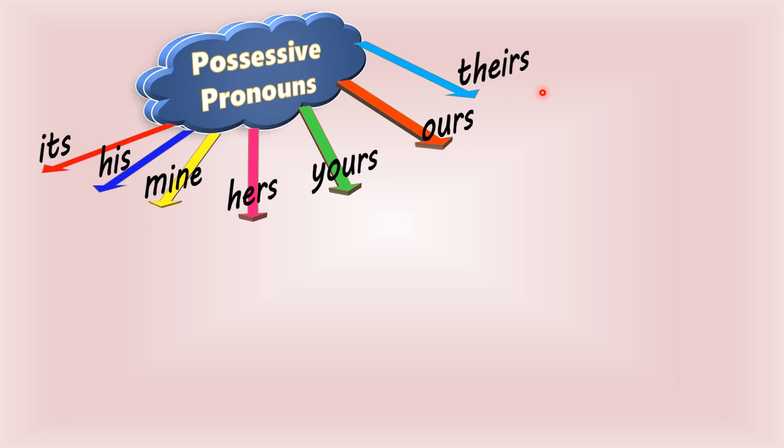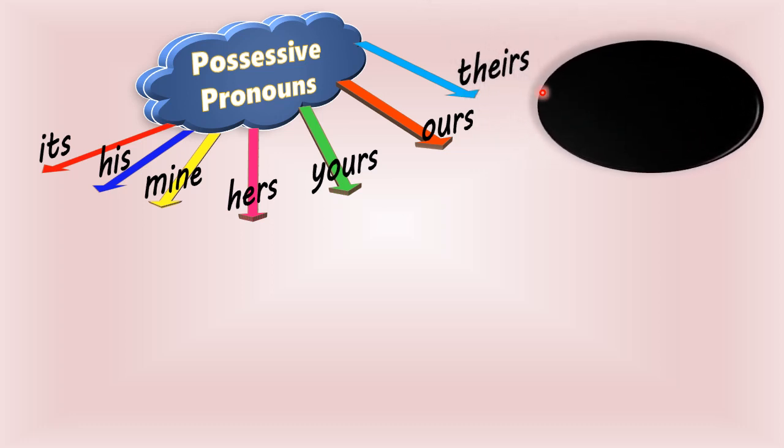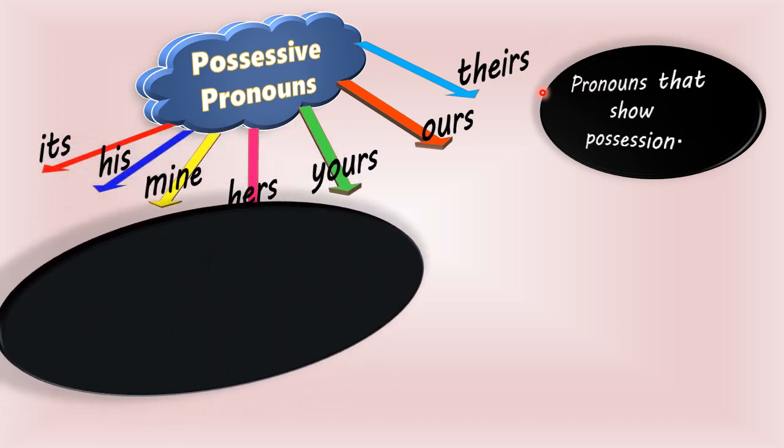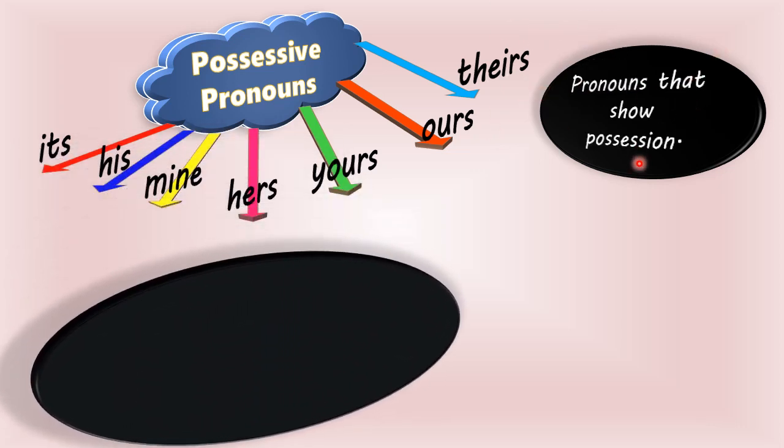Now, what is next? There are a few things you have to keep in your mind, children. What is the first thing? Pronouns that show possession mean pronouns that show ownership of the thing or person. Now see, points to be remembered.